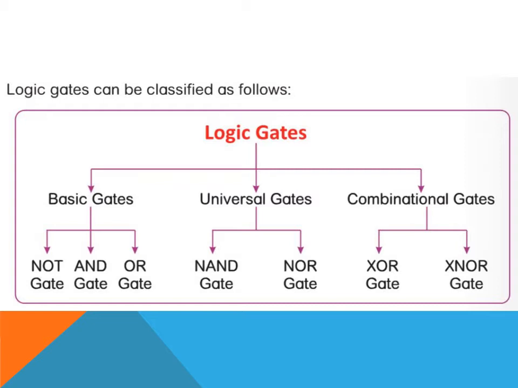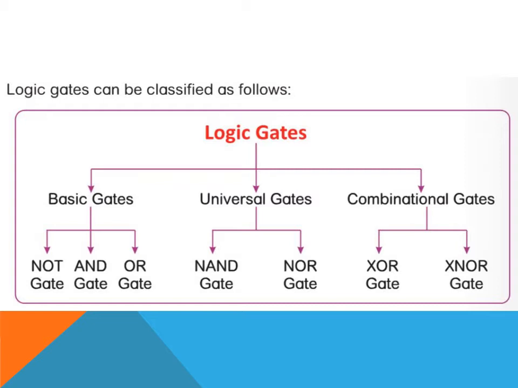So, basically, this is the classification of logic gates. The logic gates are broadly classified into three types: the basic gates, the universal gates, and the combinational gates. Now, the basic gates are the NOT gate, the AND gate, and the OR gate.